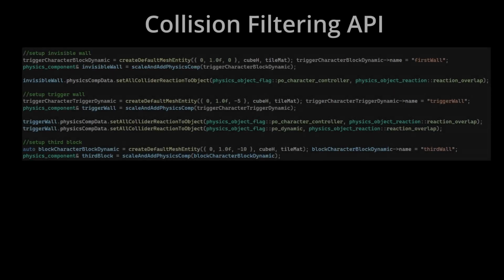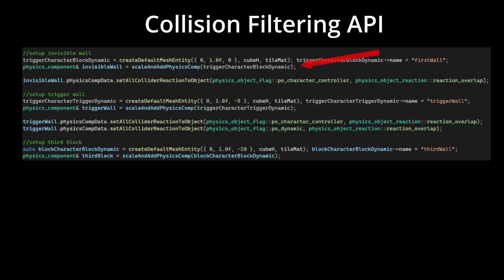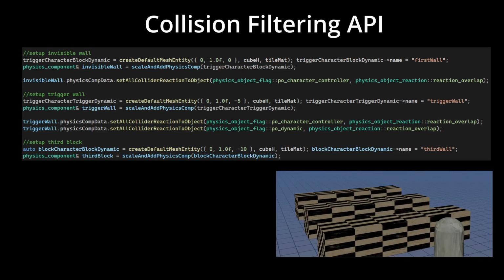For collision filtering, after adding a capsule controller or a physics component, we can modify how it interacts with other objects. Using the example of the collision filtering demo, we have the third cuboid that blocks all objects. In this case, we don't have to do anything because that is the default behavior. The second object, which overlaps character controllers and dynamic objects, can be created by calling the setAllColliderReactionToObject function.